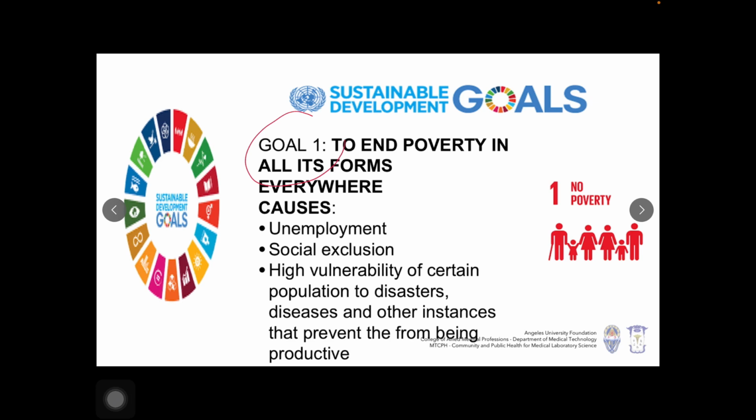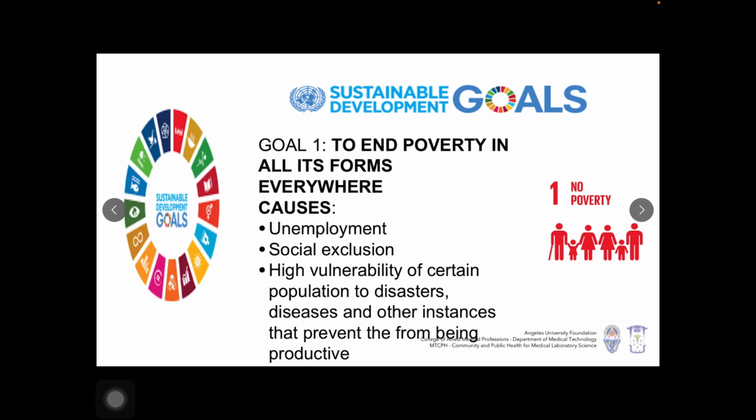So for goal number 1, which is to end poverty in all its forms everywhere by 2030, by this year the poor and the vulnerable should have equal rights to economic resources as well as access to basic services.